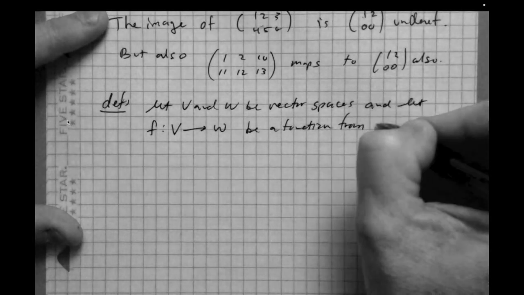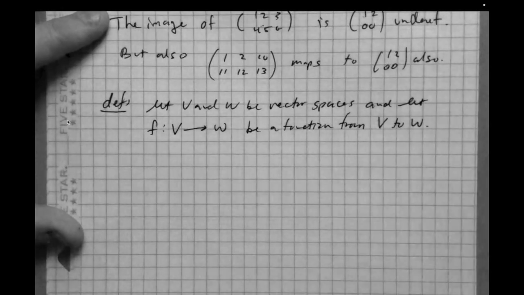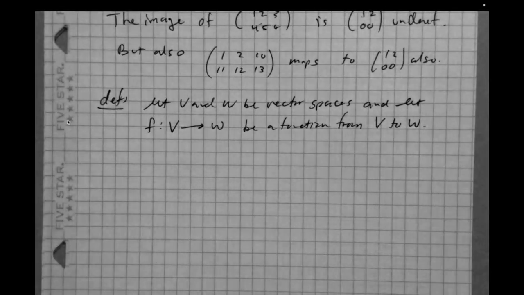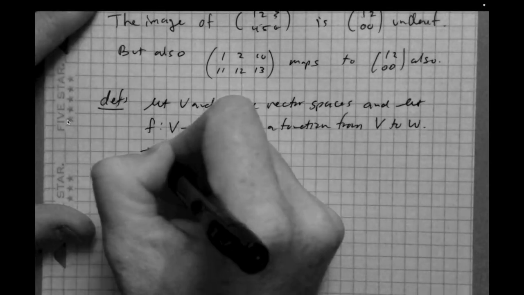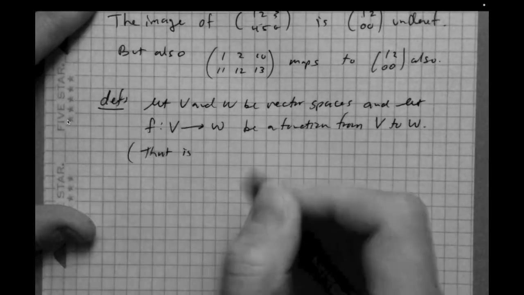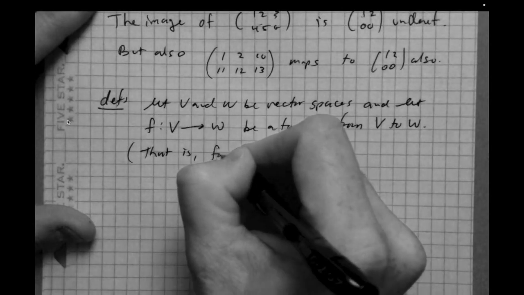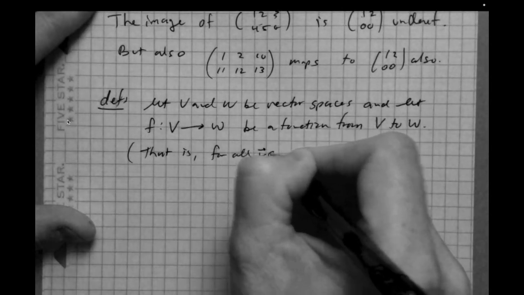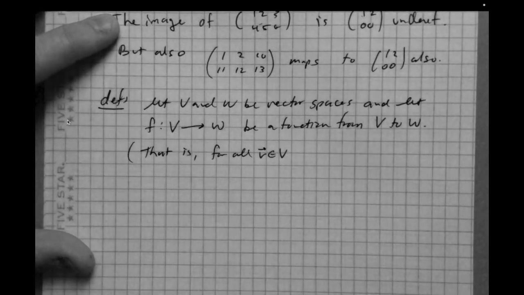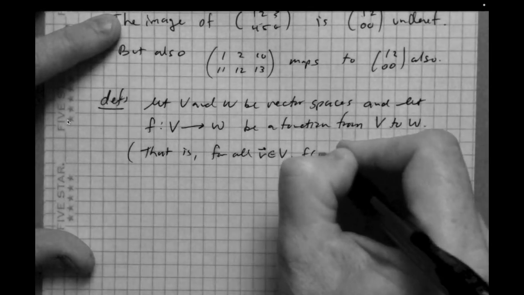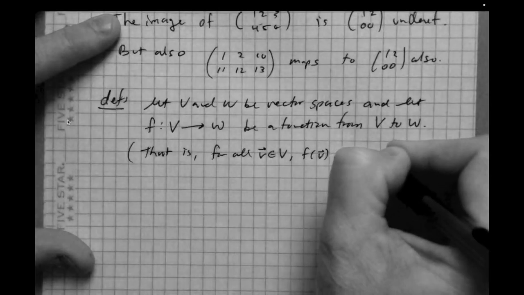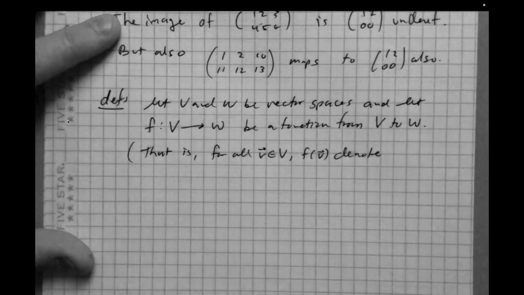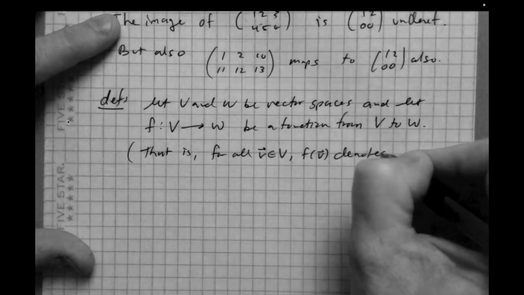To clarify, and this is kind of an aside, for all vectors V in V, F of V is going to denote exactly one vector in W.